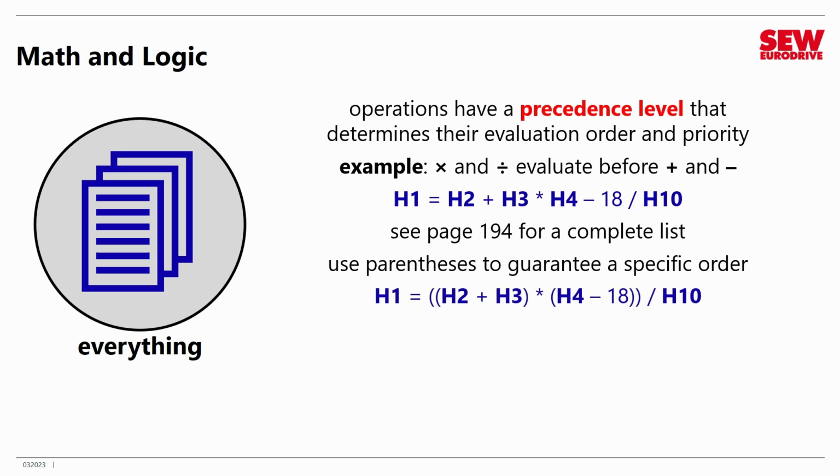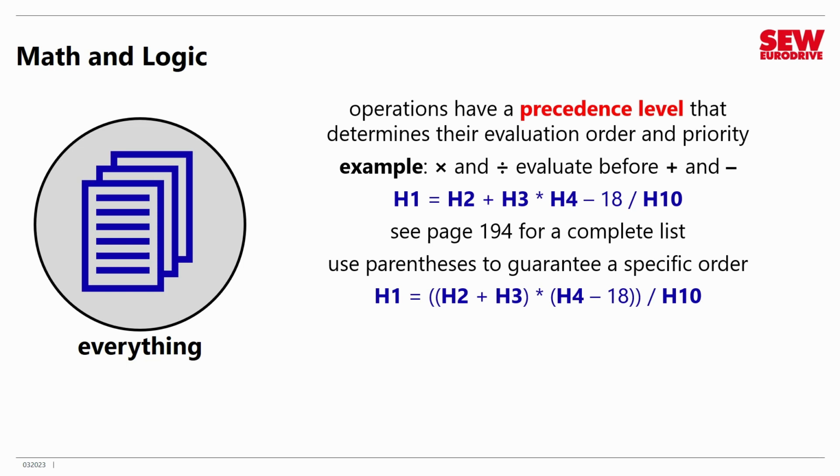So for example, if I want to make this same expression get evaluated in a very specific way, I can throw in some parentheses. And so now let me tell you what's going to happen. First of all, H2 will be added to H3. H4 will have 18 subtracted from it. Then those two results will be multiplied together, and then finally they'll be divided by H10.